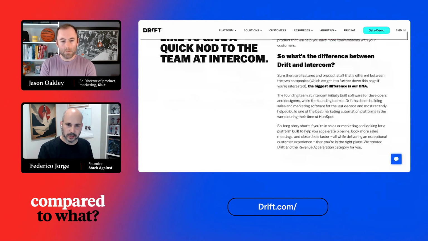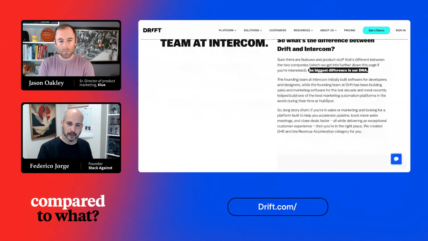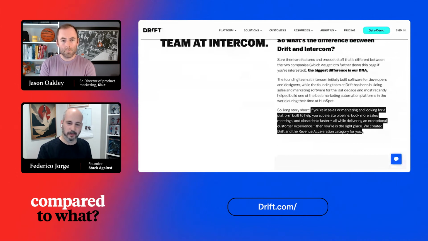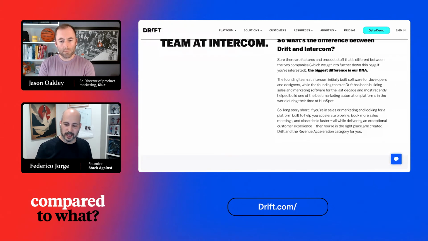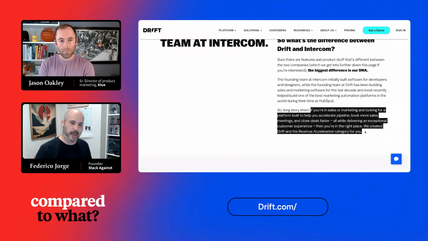And then they have this section, which I know a lot of companies have used, probably in many companies' swipe file, and they start with giving a nod to Intercom. And I think that's great. It diffuses this idea of people coming to your comparison page thinking, oh, okay, I'm ready for you to lie to me.